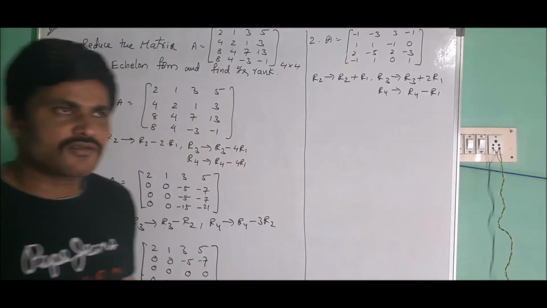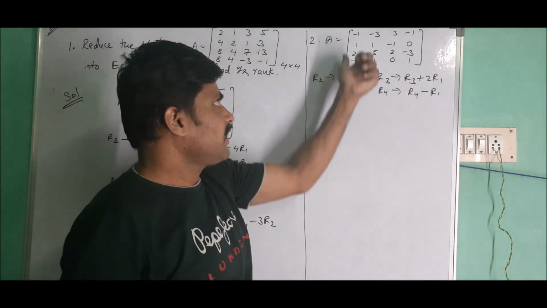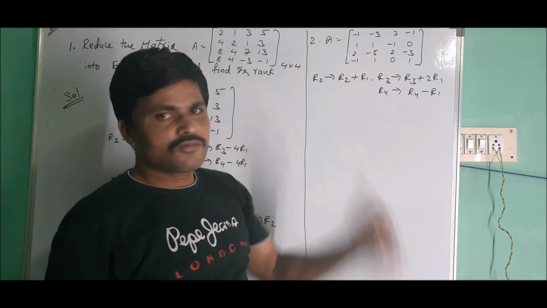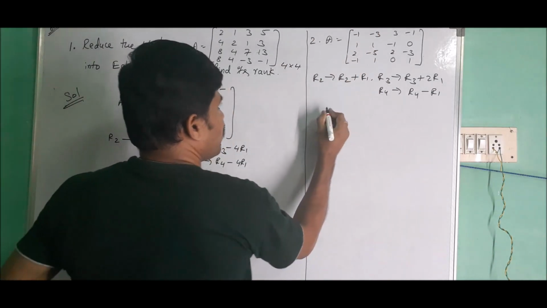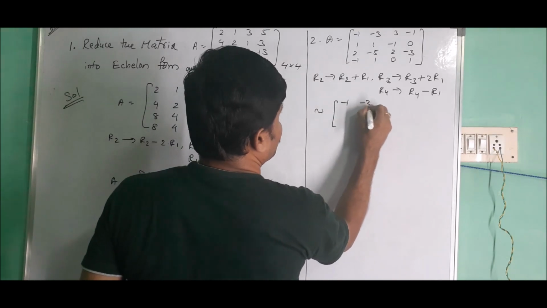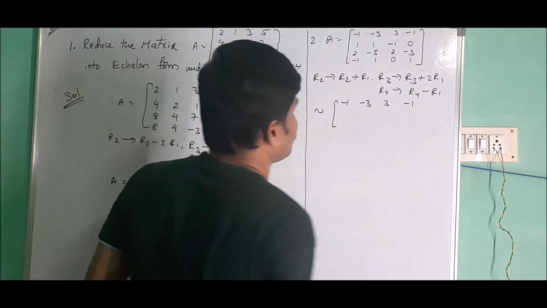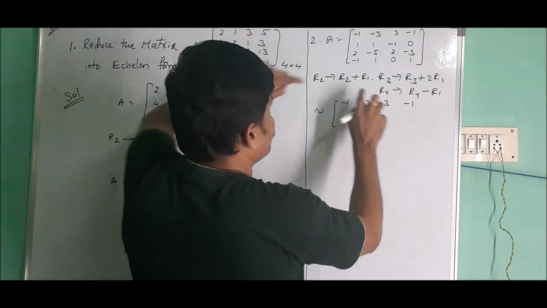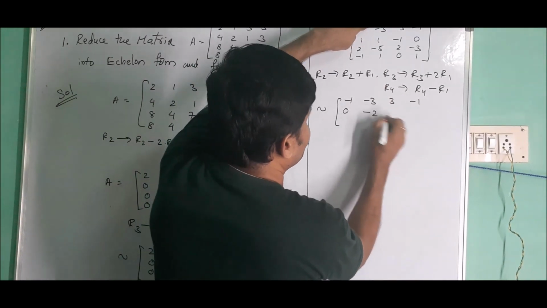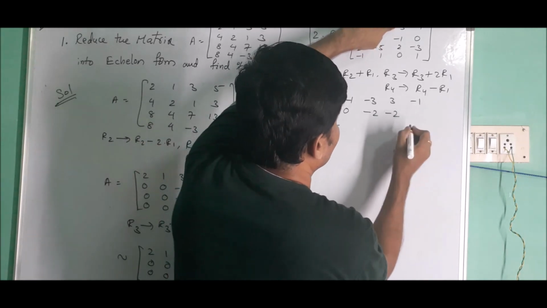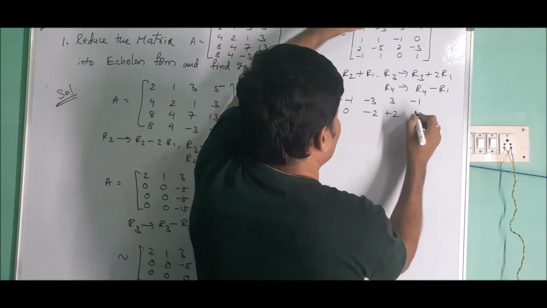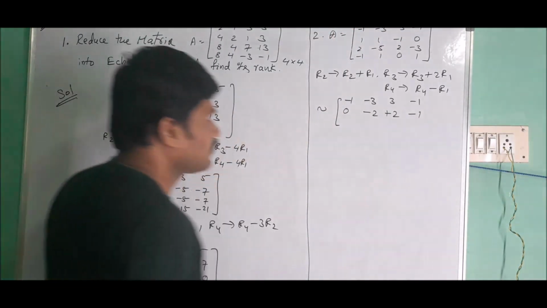Here it is R4 minus R1, not adding, because the signs are the same, so we subtract the first row from the fourth. The first row does not change: minus 1, minus 3, 3, minus 1. In the second row, R2 plus R1: 1 minus 1 is 0, 1 minus 3 is minus 2, minus 1 plus 3 is 2, 0 minus 1 is also minus 1.